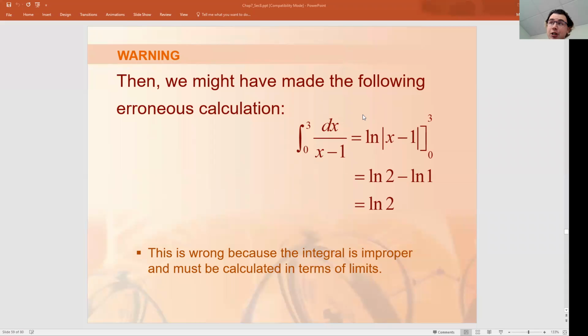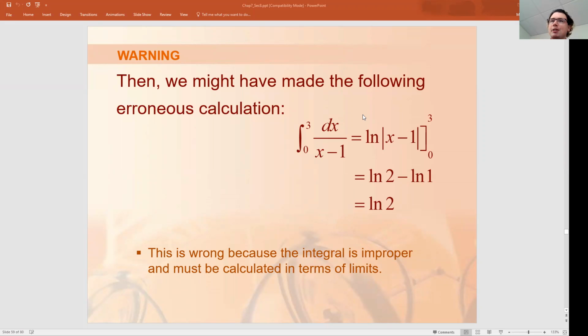Because the notation for an integral, right, a definite integral where we can use the fundamental theorem of calculus, is the exact same notation that we use for improper integrals, where we need to break up the domain and do limiting techniques.